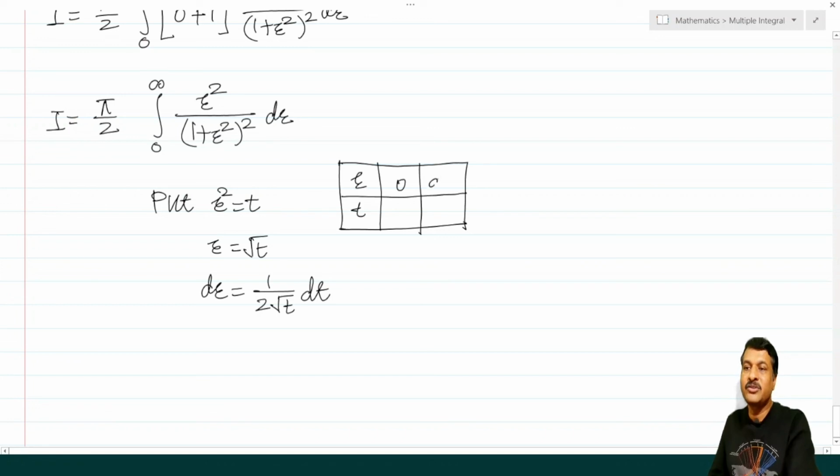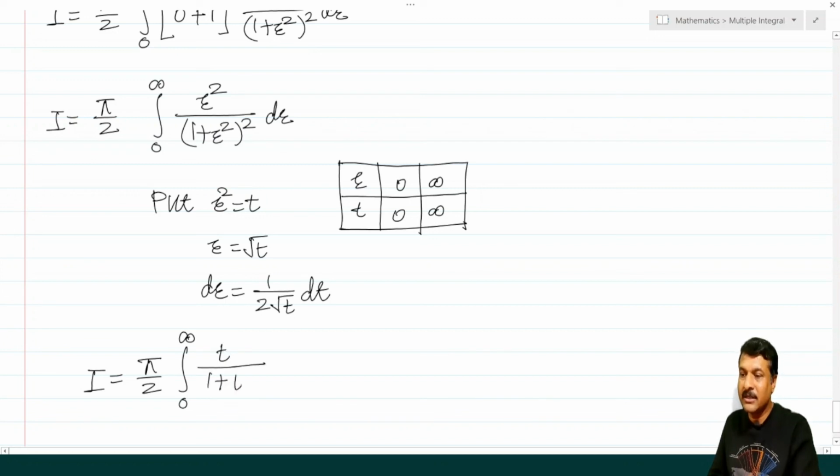Given limits 0 to infinity, t also 0 to infinity, because if we put 0 we will get t equal to 0 and infinity we will get t equal to infinity. And that is why I equal to pi by 2 integration 0 to infinity, r square is t, upon (1 plus t) whole square into dr. Dr is 1 by 2 root t dt.